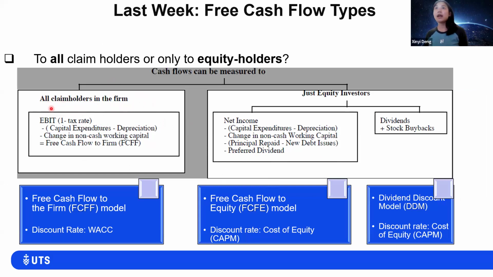It can be calculated as the cash flows from operations after adjusting for the cash paid to the government, so that's why we have EBIT times (1 minus tax rate), and then adjusting for long-term investment, which is the net capex, and for short-term investment, which is measured by the change in non-cash working capital.